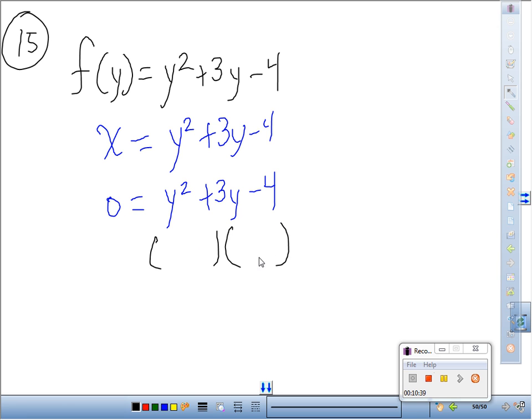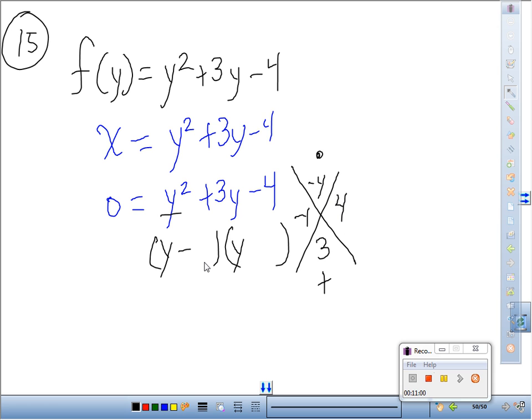Here we go. Open two parentheses. Factor the first term. Power Rangers. Negative 4. Factors of negative 4 that add up to positive 3. Negative 1 and positive 4.